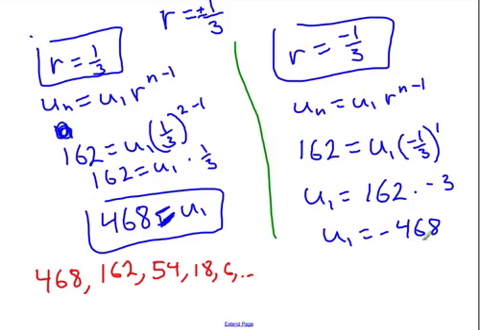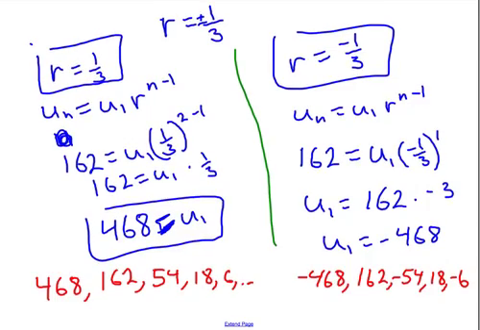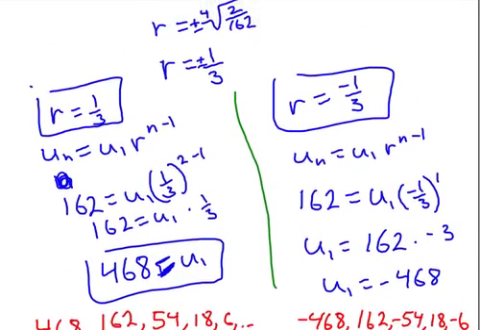With the second sequence, our first term is negative 468. Our next term is positive 162. Our next term is negative 54, and then we have positive 18, then negative 6. So they're very similar sequences, except one alternates negative and positive signs and one doesn't.